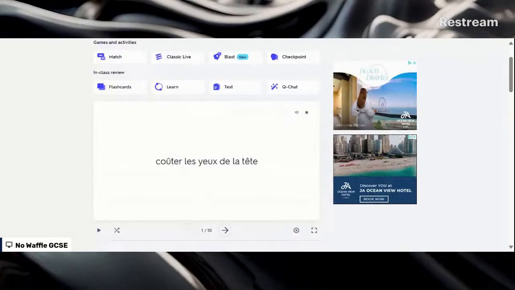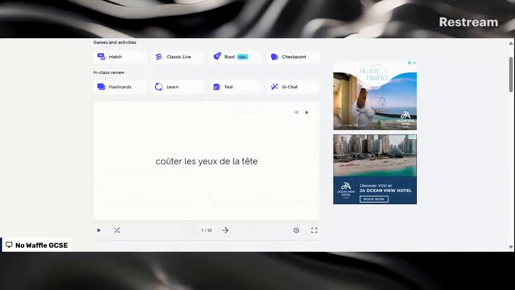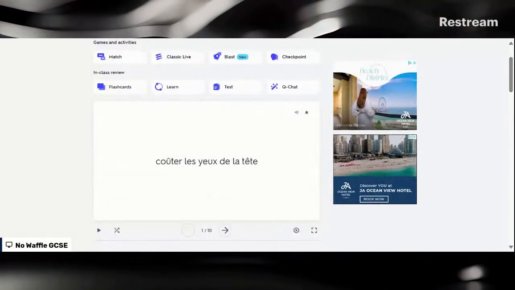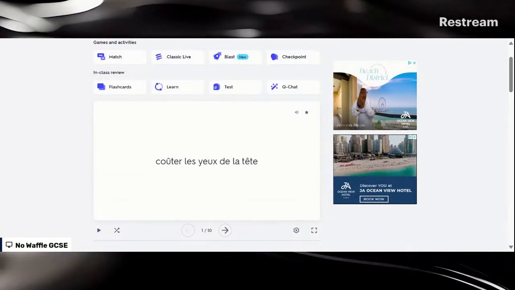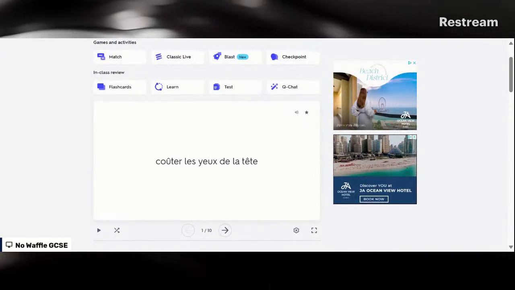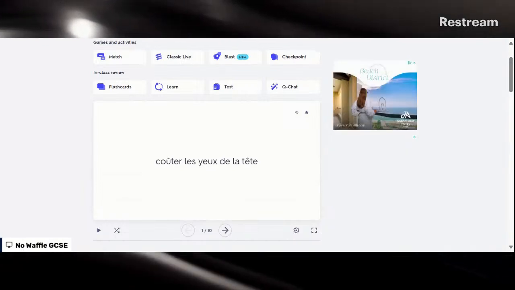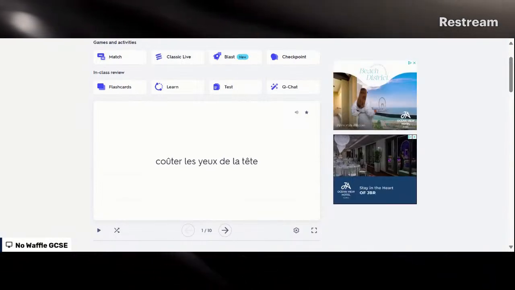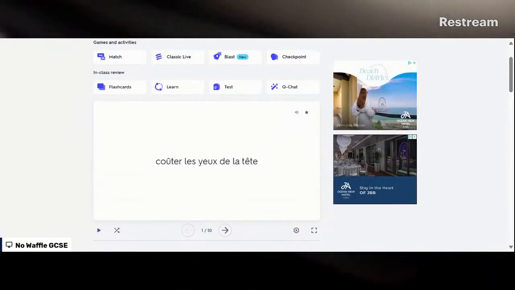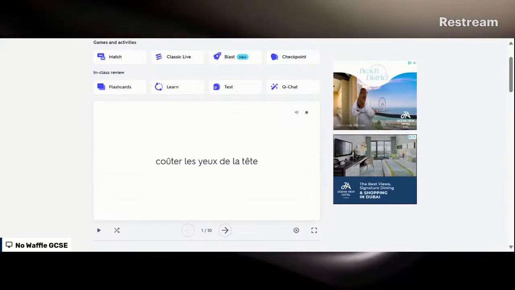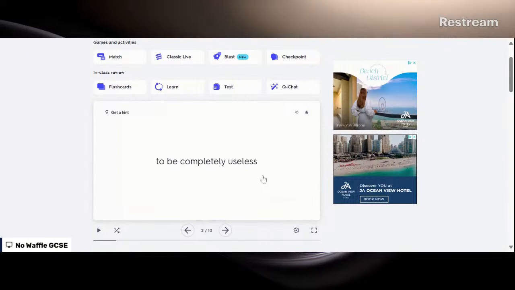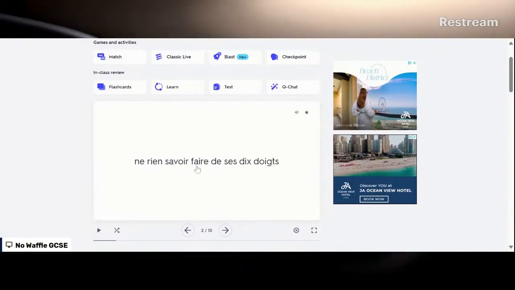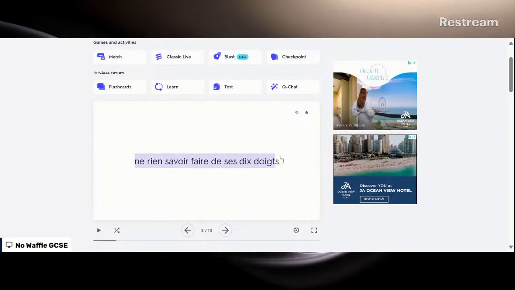Yeah, you can mention any extreme sport. Okay, so this is to cost an arm and a leg. Another one that you can say is to be completely useless. Ne rien savoir faire de ses 10 doigts. I wonder what that means.